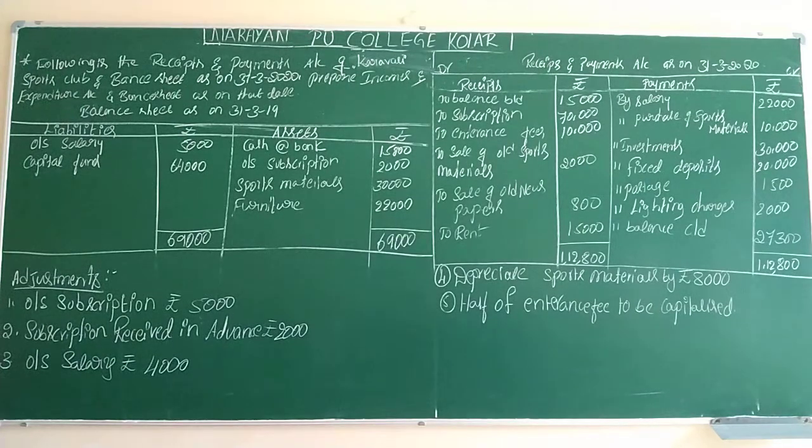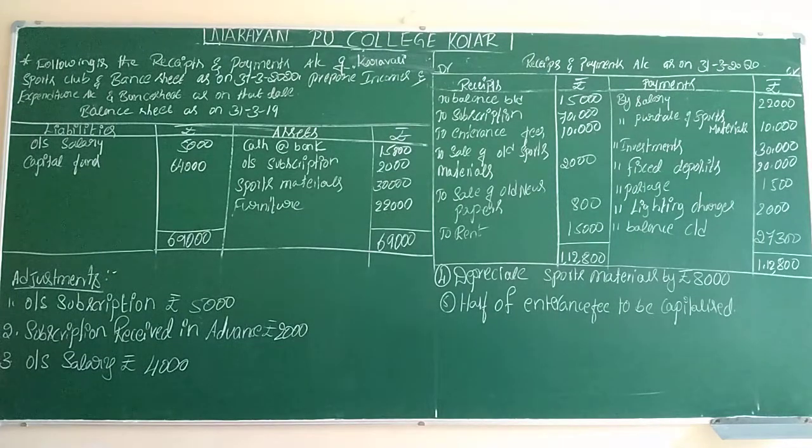For this information, we have to prepare the solution with two accounts: one is the income and expenditure account, and the other is the receipts and payments account. So we have to read the questions.